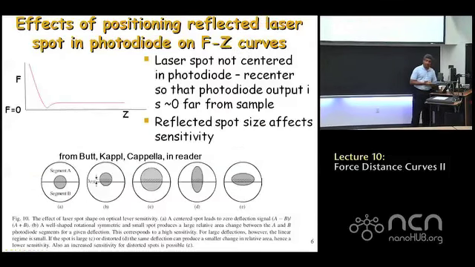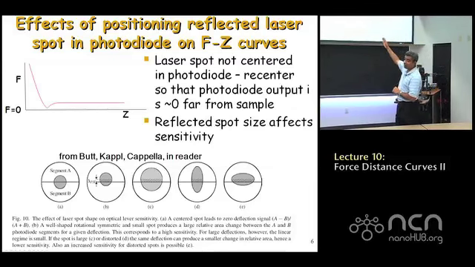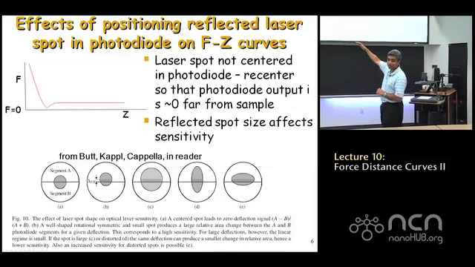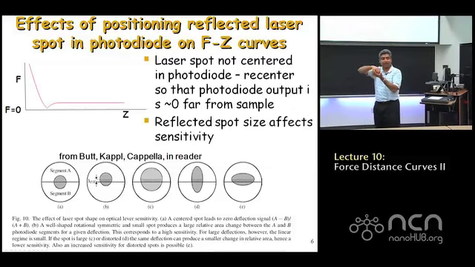Okay, so now let's talk about some experimental situations. And when you do FZ curves, I hope you now know that in general you're going to get a flat part with zero force, and then there's going to be some snap into the sample, and you then are in contact, and you keep pushing down, and the cantilever deforms, it goes up, right? So there are typically two slopes.